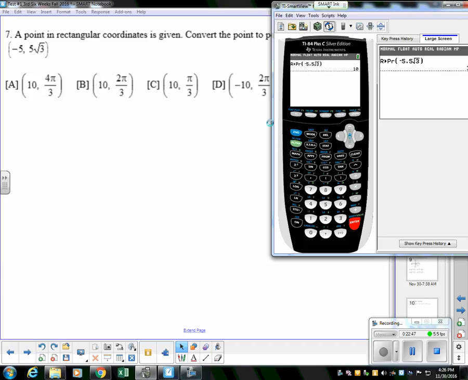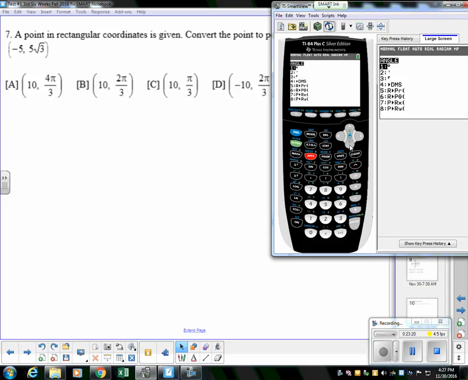And then again I go to my angle button. All of a sudden, my computer doesn't want to do this. Try it one more time. Go to my angle button.